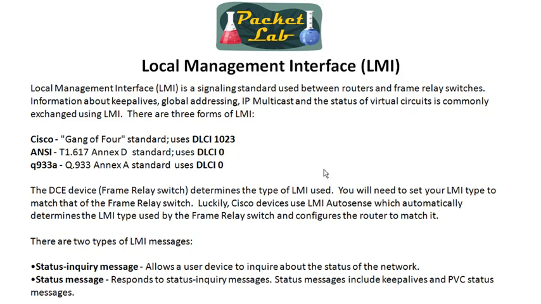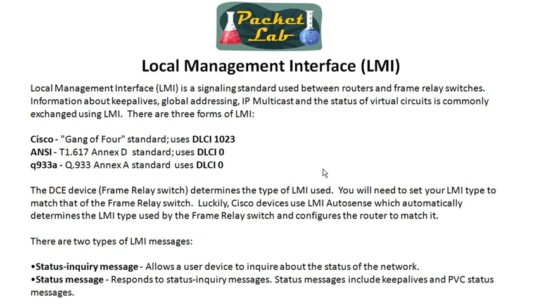Now the important thing with LMI is that you have to be using the same LMI that your frame relay switch is using. If you're on a router connected to the frame relay cloud, you have to match your LMI with whatever the frame relay switch is running, whether it's Cisco, Annex A, or Annex D. Luckily for us, Cisco has a mechanism called LMI Autosense, and it's automatically going to determine which LMI type is being used.